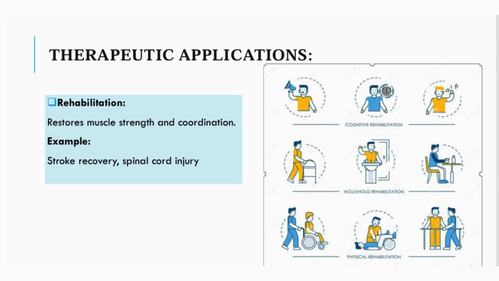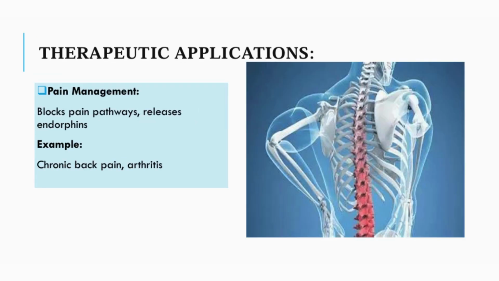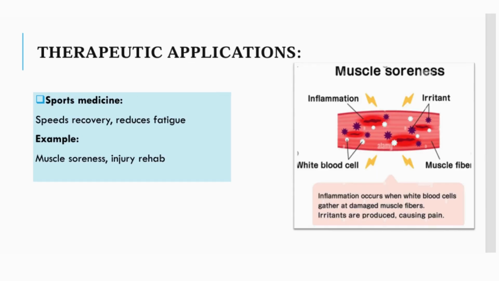So there are some therapeutic applications. For example, rehabilitation centers restore muscle strength and coordination, for example in stroke recovery and spinal cord injury. There are also pain management applications, like blocking pain pathways and releasing endorphins, for example in chronic back pain or arthritis.